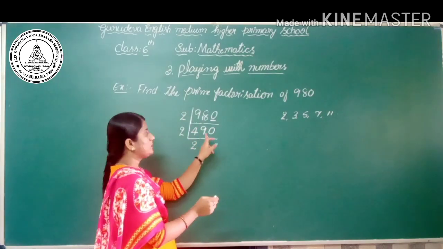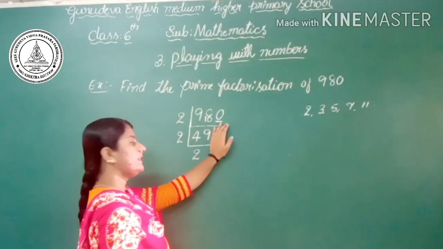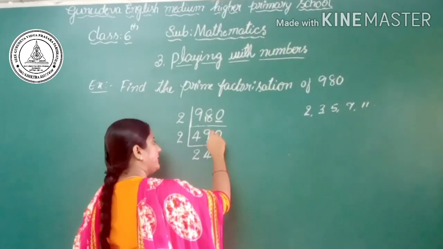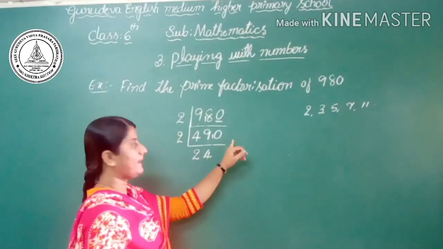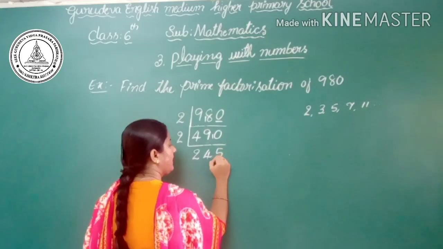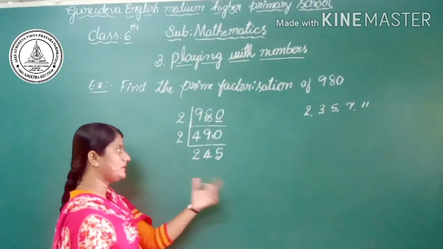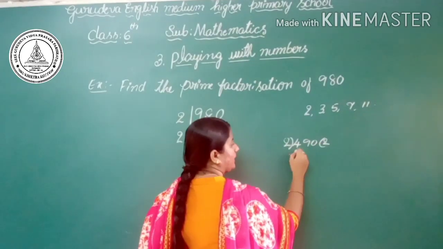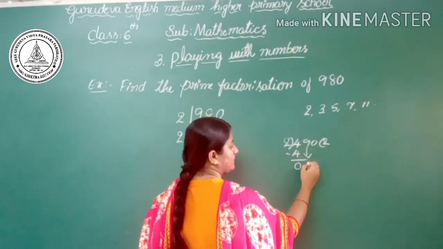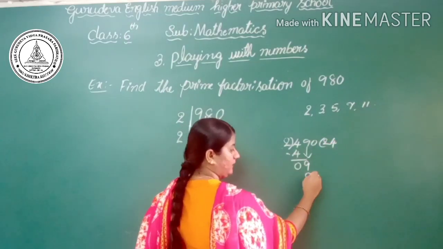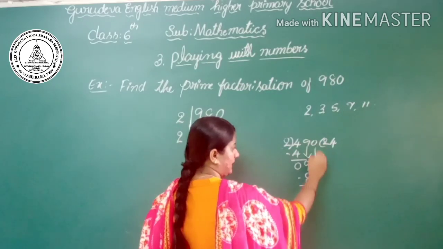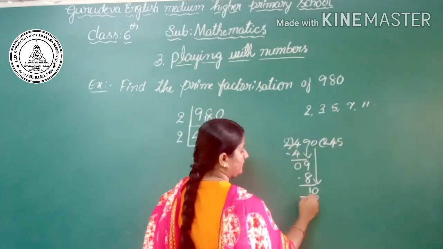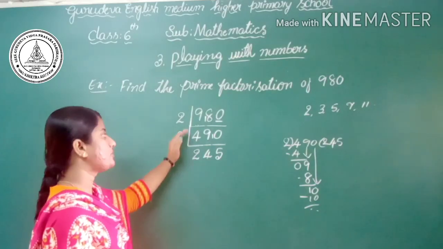Then next number is 9, so the nearest number is 8, that is 2 fours are 8. 9 minus 8 is 1, so add 1 to the next number and it becomes 10. 2 fives are 10. So you can divide 490 by 2 like this. Just practice this.